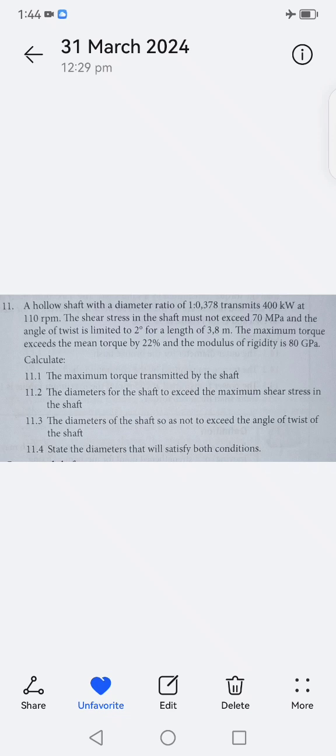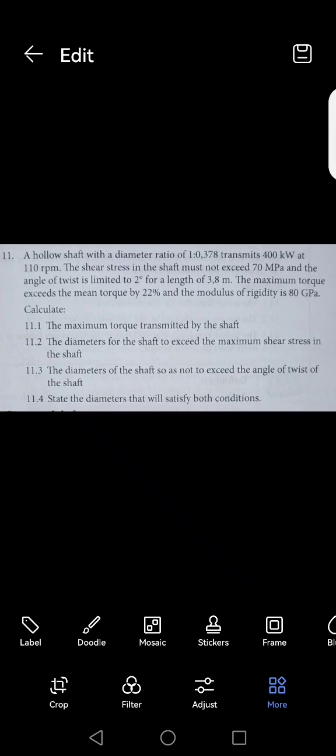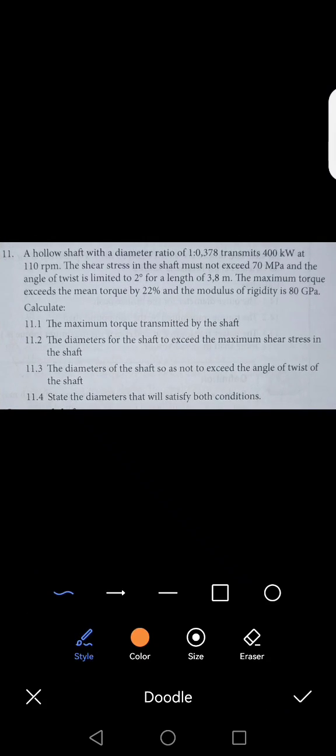The diameters for the shaft to exit the maximum shear stress in the shaft. It should be not to exceed. After shaft, you must put not to exceed.